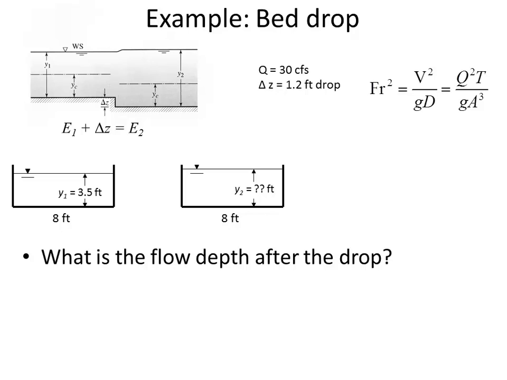I wrote my velocity head term here in terms of velocity. Since I don't know the velocity here, I'm just going to write it in terms of Q, and then down in the denominator half of the area.